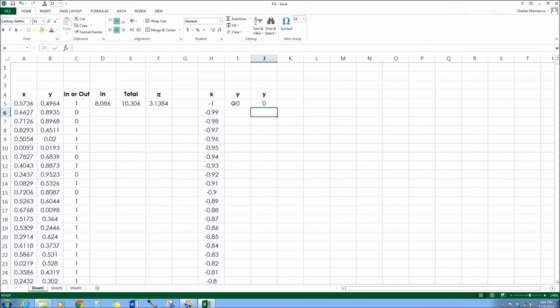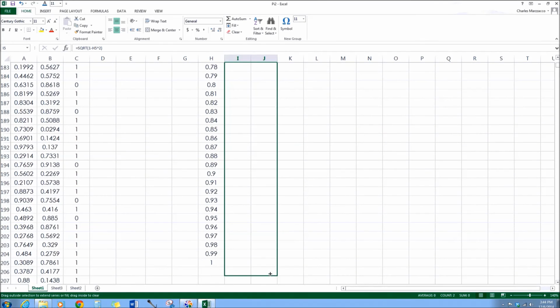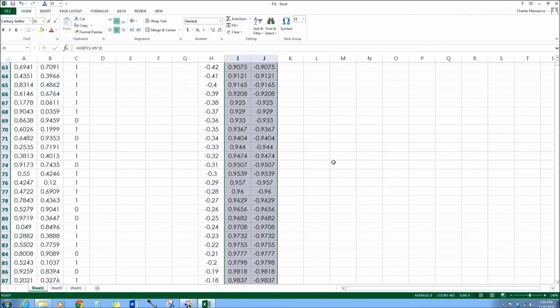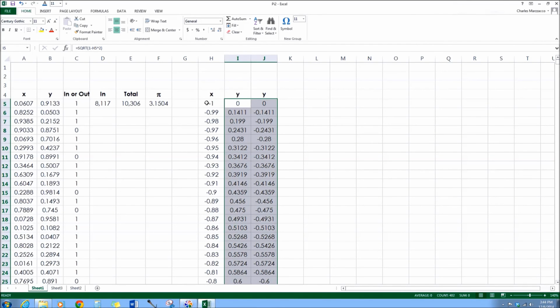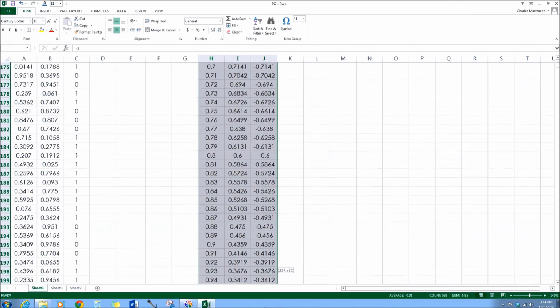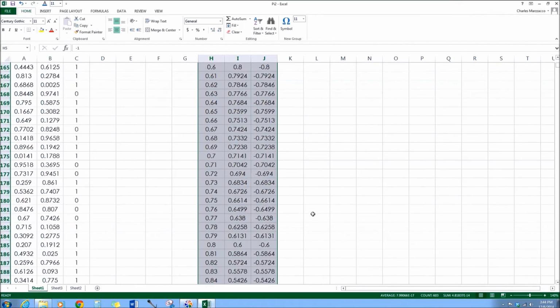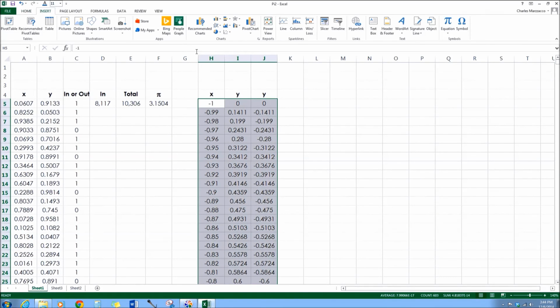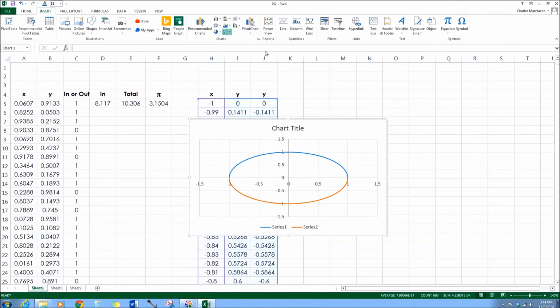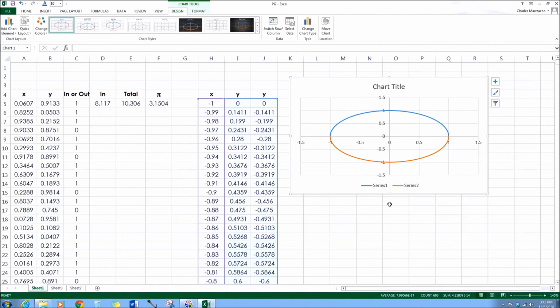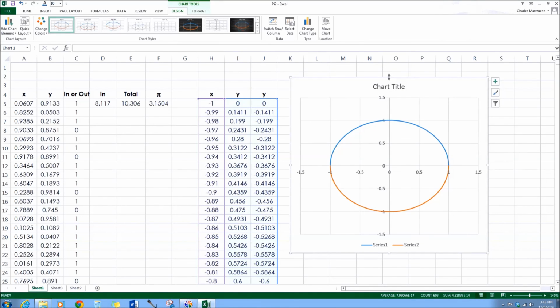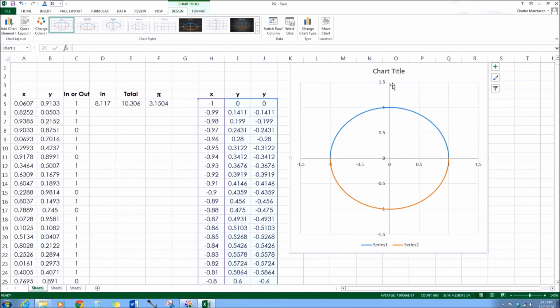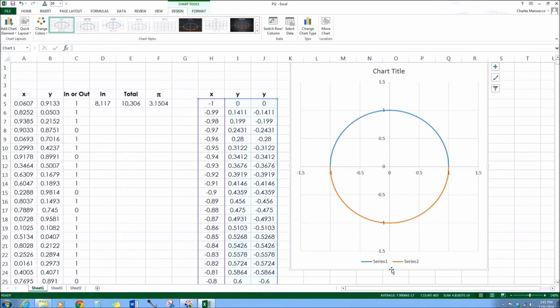If we copy these down and make a plot of x versus the two y's, a scatter plot with a line type, we get a circle. Now, it looks like an ellipse because the two axes aren't the same. And there you have your circle.